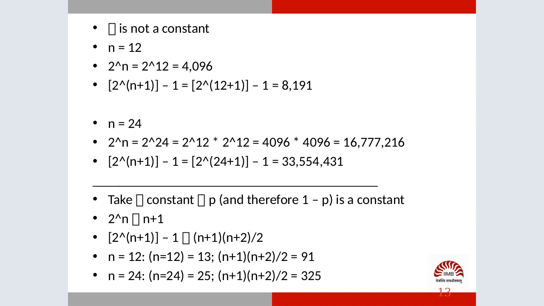If n is 12, 2 raised to the power of 12 works out to be 4096. And 2 raised to the power of 13 minus 1 works out to be 8191. So you are drawing a tree for 12 periods, and it's like saying, I start off on the 1st of January, I will observe the potential prices on the 1st of every month, and I will do this for a year.